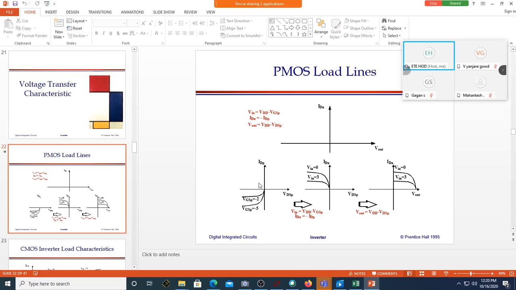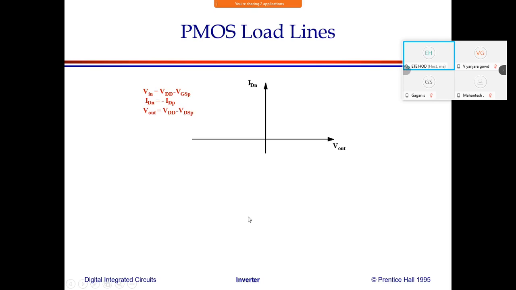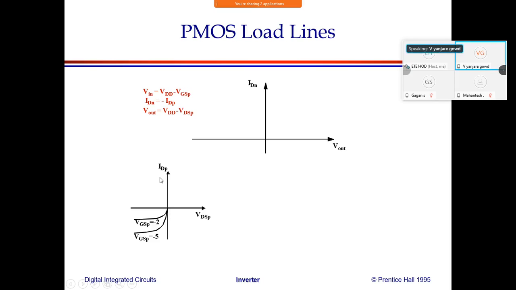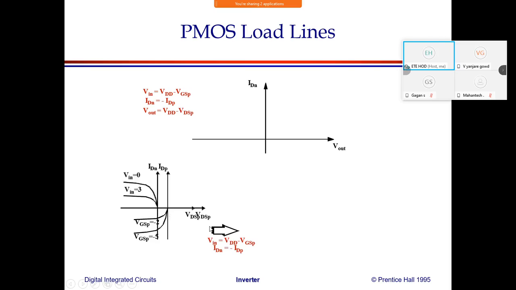These two are plus plus. So shall I say this is the output characteristics of the PMOS transistor? Correct, this one. Suppose I flip this, will it go up?